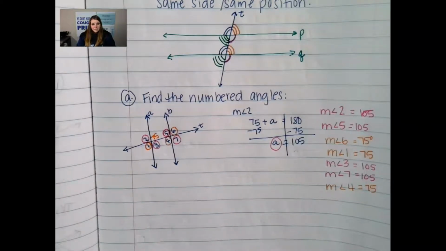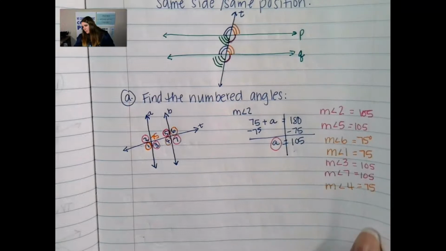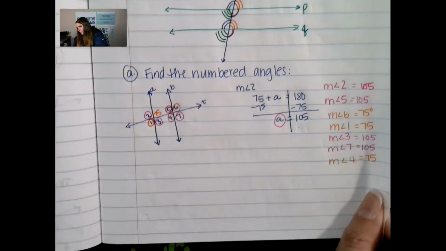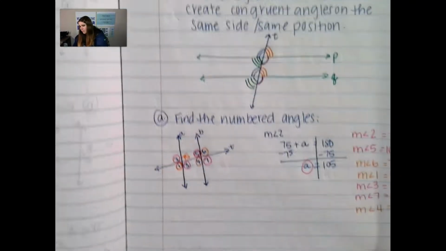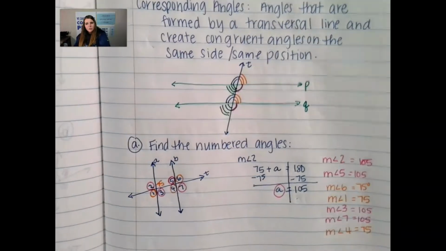All right, let's try another example and we'll work through that one. I don't think I have enough space here, so I'm going to turn the page so that it's not so messy for you.